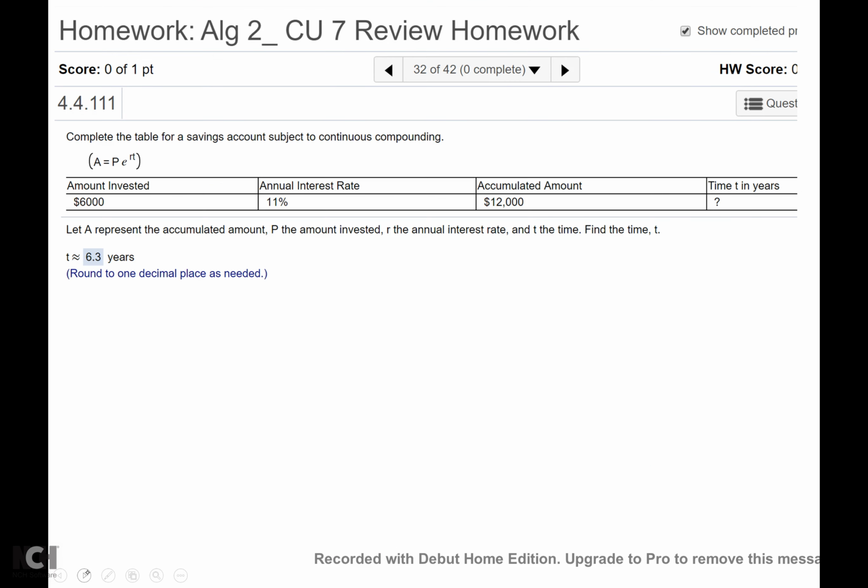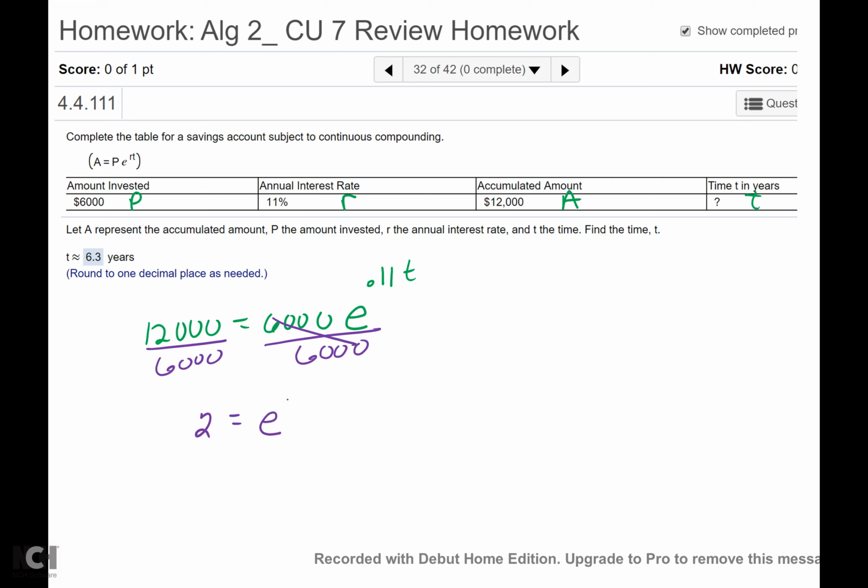Okay. All right, we're filling this one. This one we're using the PERT formula. Amount invested is P. That's R. That's A, and that's T. So I'm going to take 12,000 equals 6,000 e to the 0.11 times t. So isolate and natural log. I'm going to divide by 6,000. That gives me 2 equals e to the 0.11t.